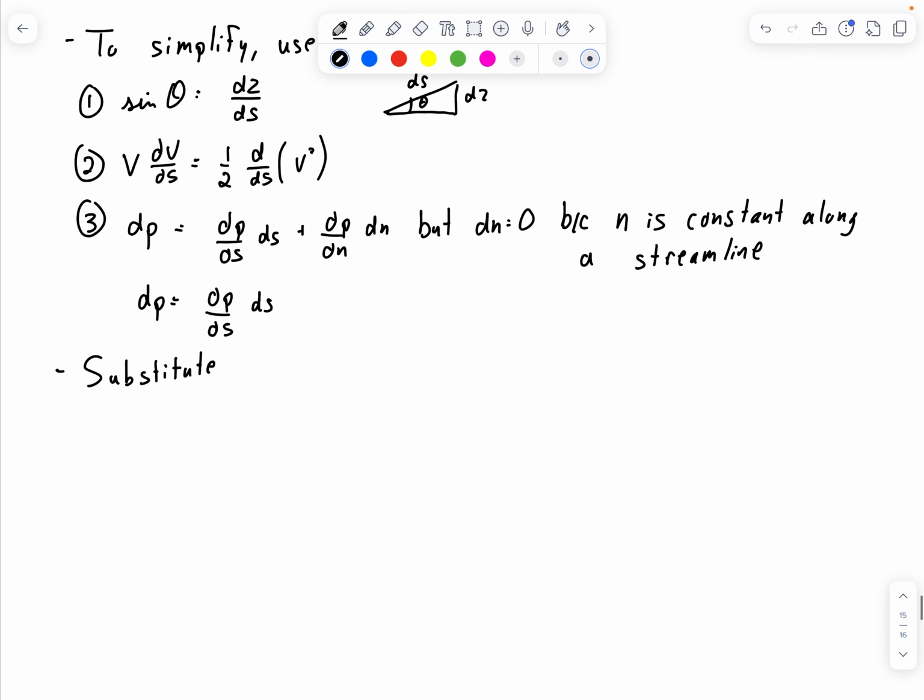and what we'll get is minus gamma times dz by ds minus dP by ds is equal to 1/2 rho d by ds of v squared. So we'll simplify that equation and integrate.